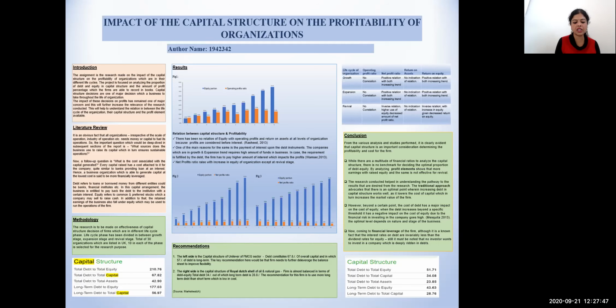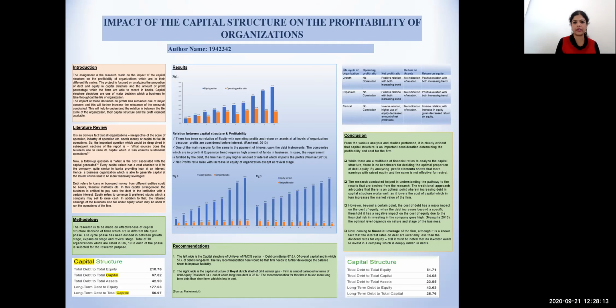Hence the financial leverage of the firm also states that interest rates on debt are invariably less than equity. Still, it must be noted that investors would like to invest in an organization which is proportionally balanced. Again, it depends upon the nature of the industry, and the scale of the industry and operations.